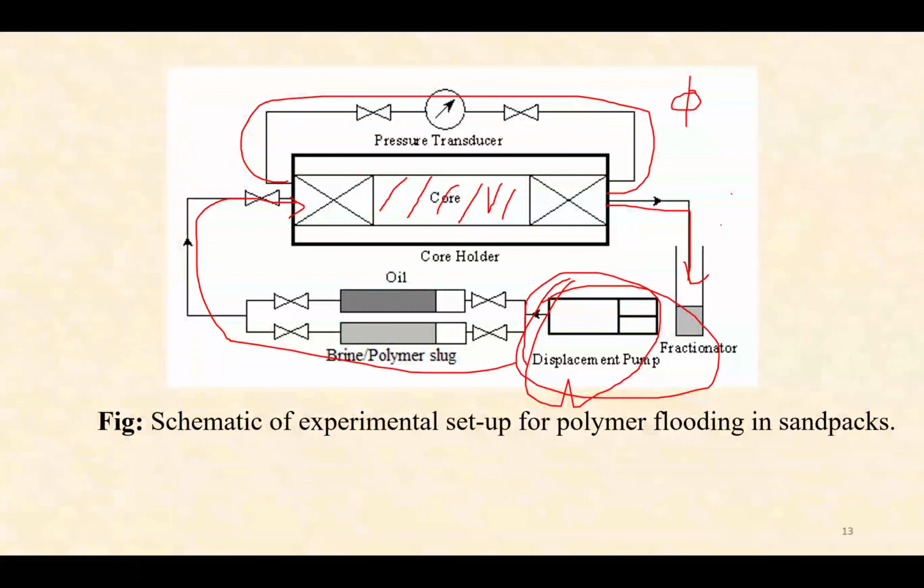Then, if the flow rate is known, and the pressure drop across the core is known, and the viscosity of the brine is known, then the area of the core, meaning the flow area, and the length of the core are known.